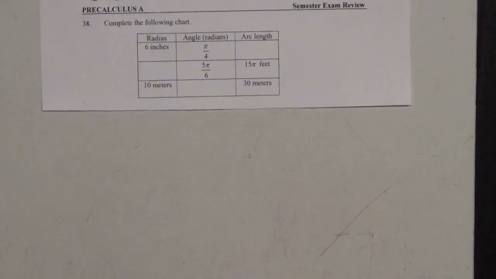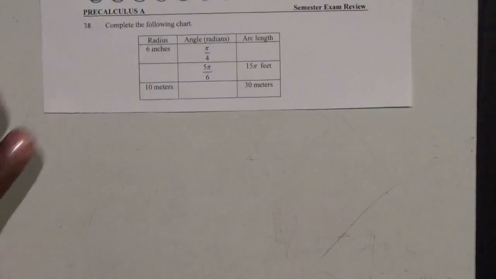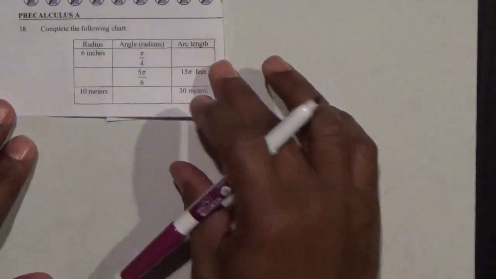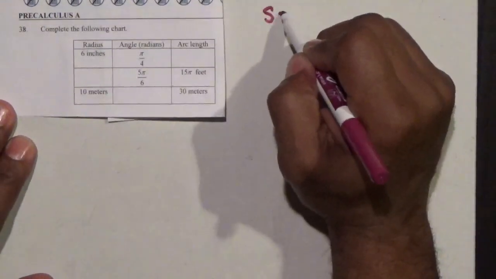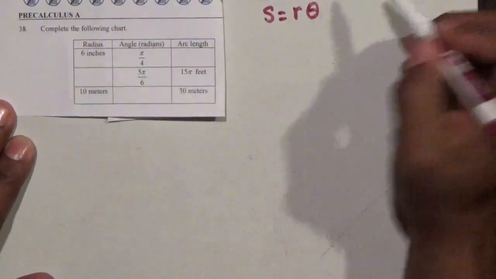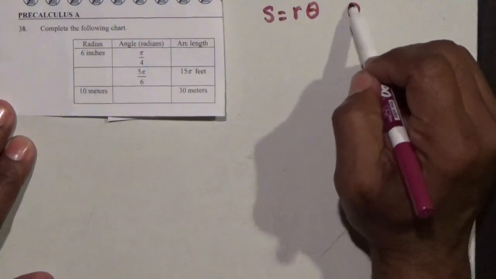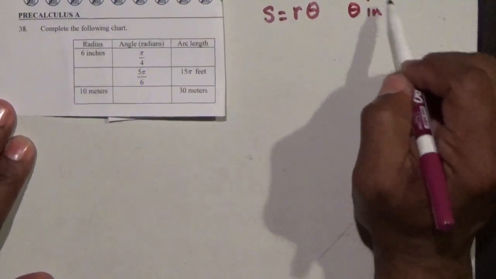Number 38 takes us back to the first couple of days of school in August. I know it was a while ago. You had 2 formulas, and they are on the front of your formula sheet. It's S is equal to r theta, where S stands for arc length, and we use that when theta is in radians.